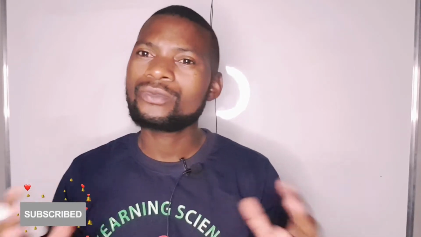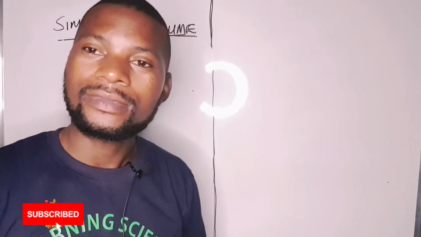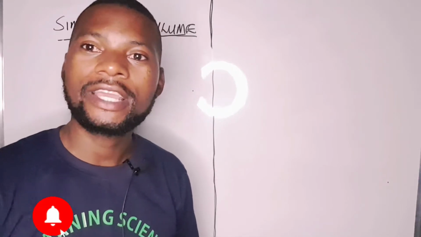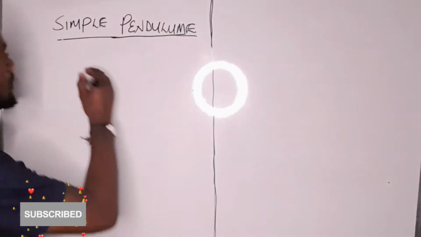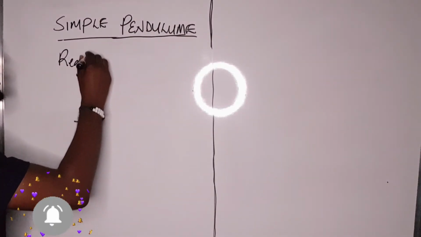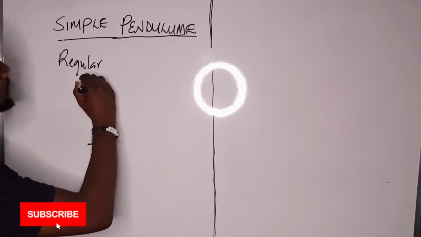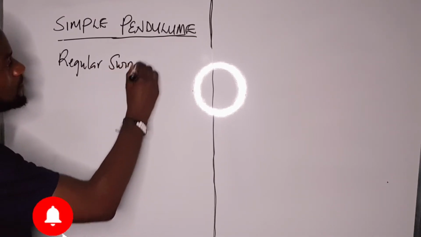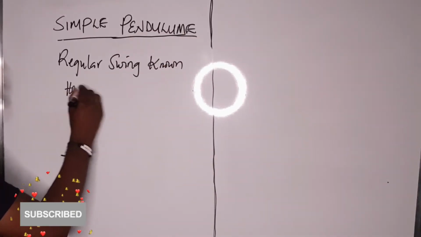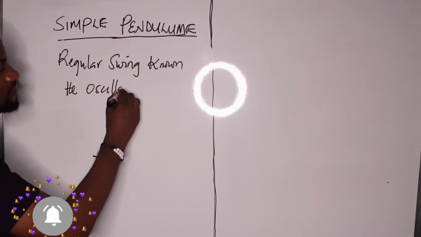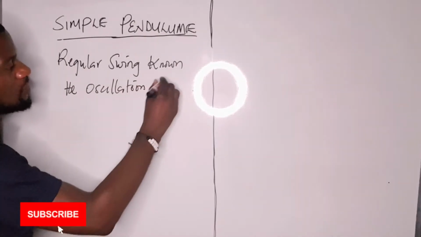In this video, I'm going to discuss a simple pendulum, which is one of the instruments that is used to measure time. The simple pendulum is an instrument that is used to measure time, which uses the regular swing known as the oscillation of the bulb.